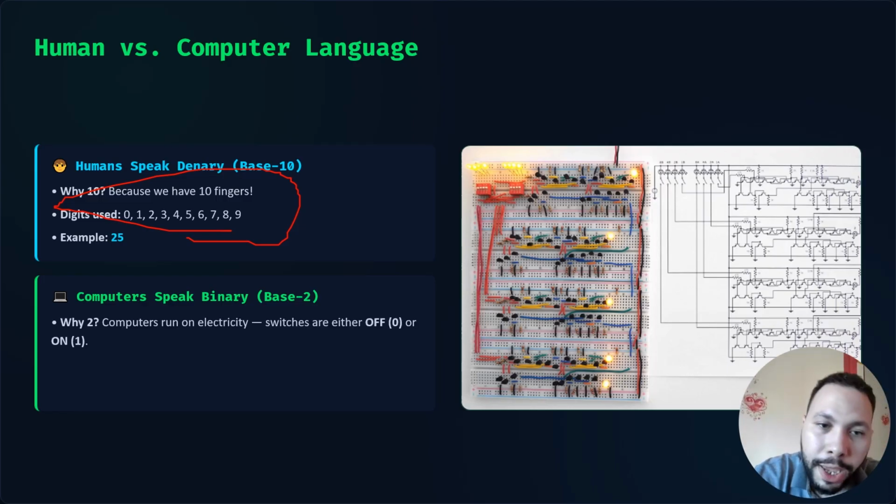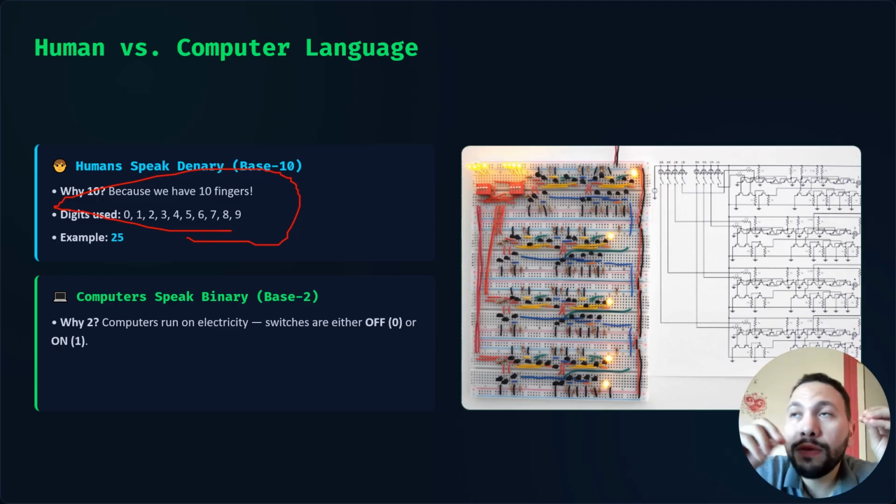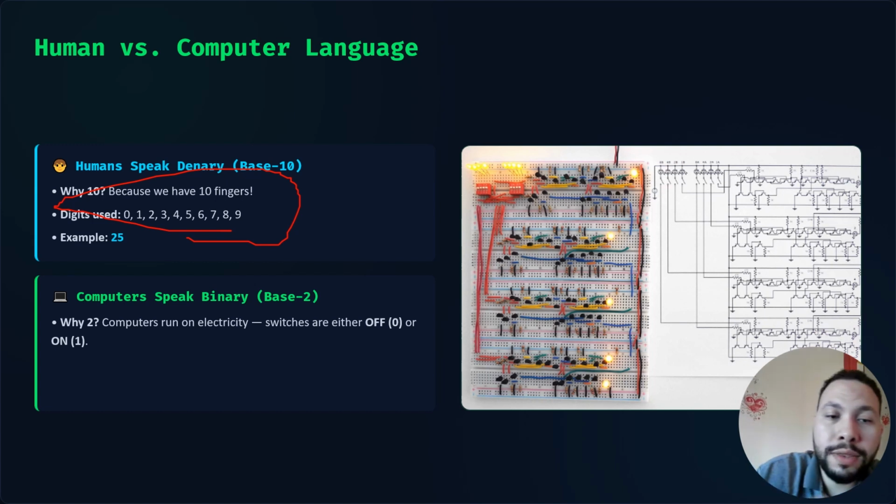Amazing. Why 2? Because the computers run on electricity. Switches are either off, that means 0, or on, that means 1. Such an amazing thing to know, right? So we have two things.